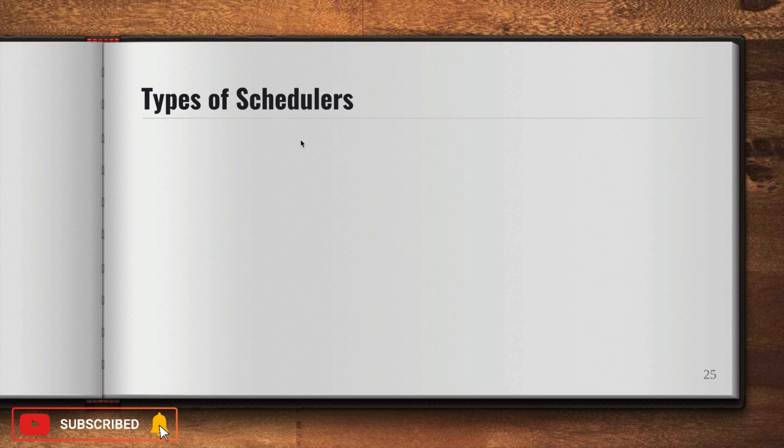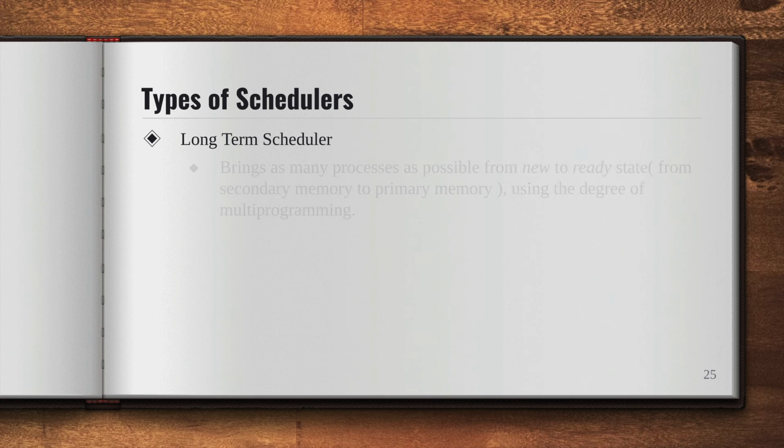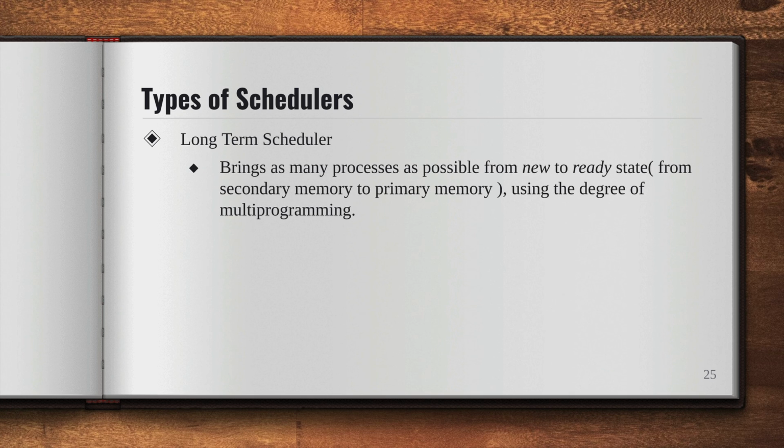There are different types of schedulers, as I've just explained, so let's go over them quickly. We discussed the long-term scheduler, which brings as many processes as possible from the new to the ready state, from secondary memory to primary memory, using the degree of multiprogramming, which is to bring as many processes as possible into the primary memory.